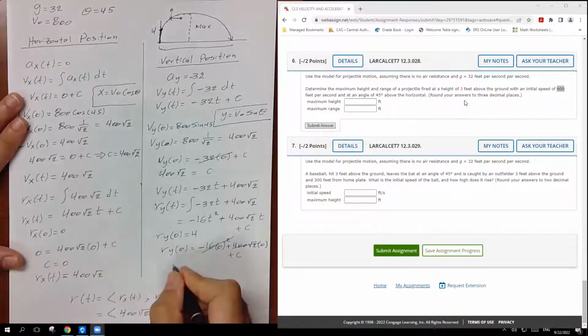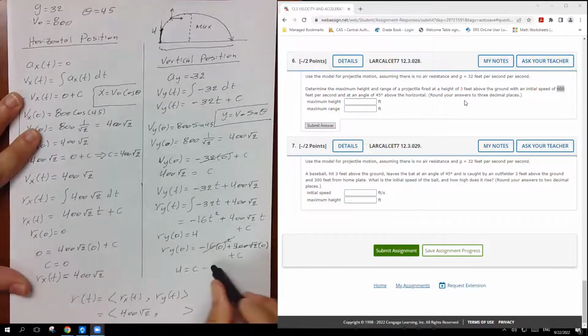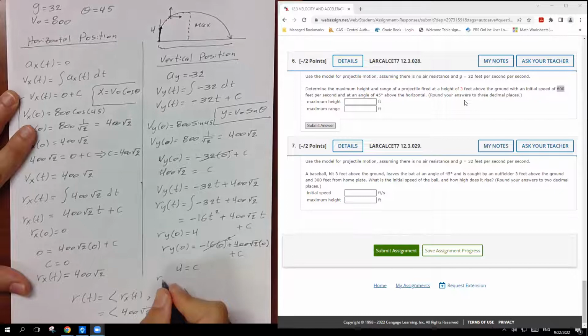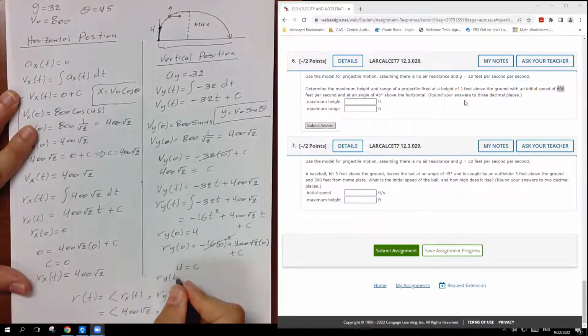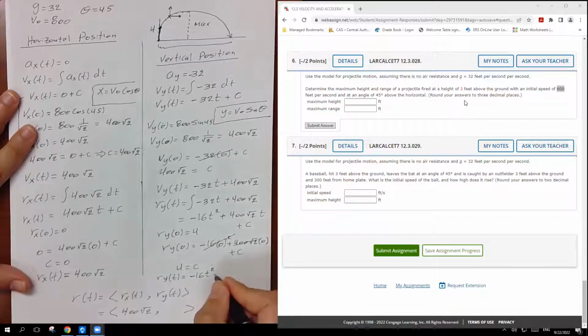That means 4 is going to be equal to c. So our position r sub y at t is going to equal negative 16t squared plus 400 square root of 2 t plus 4.